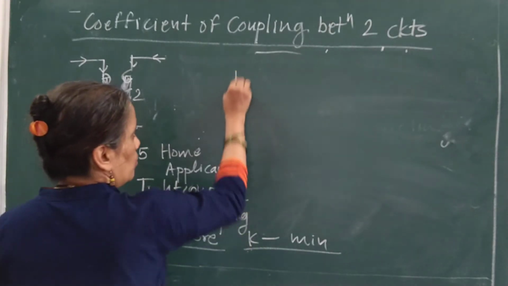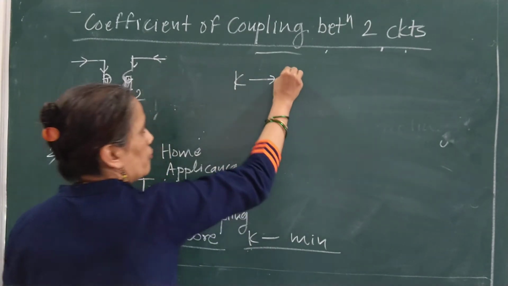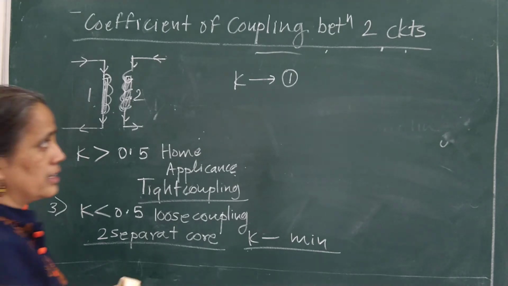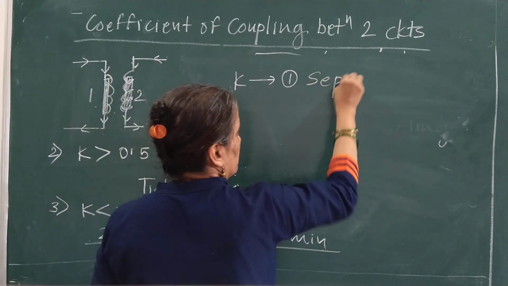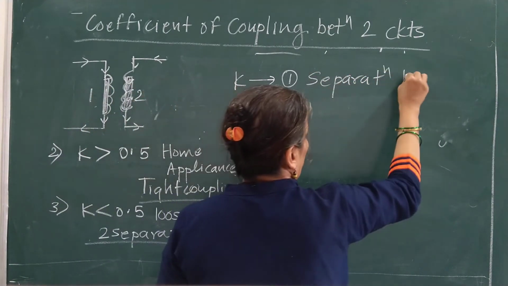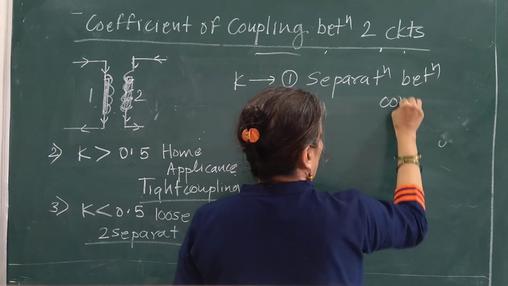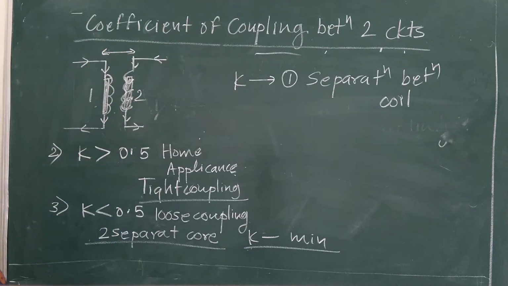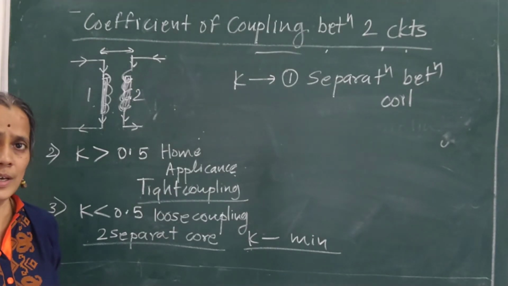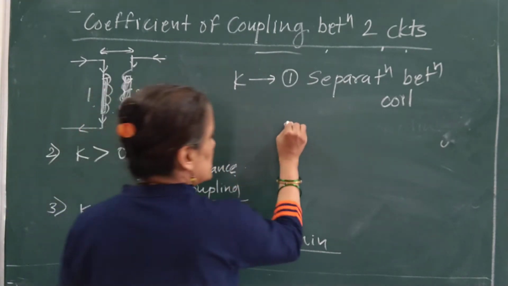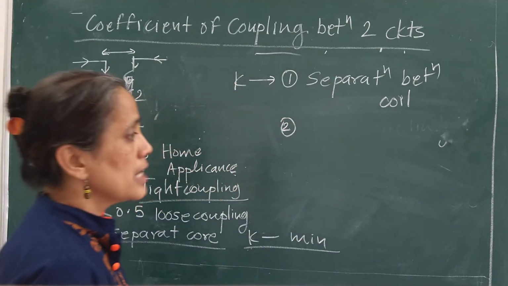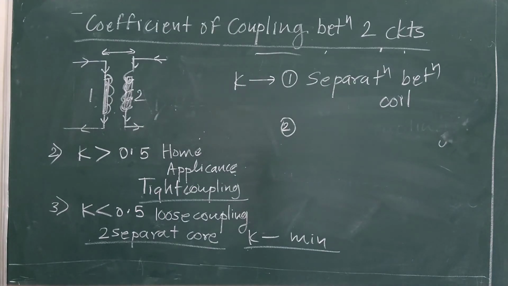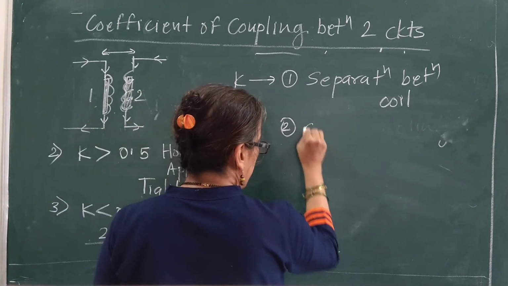But this K value is also dependent on two more factors. Which two? First, the separation between the coils. Separation distance means this distance. Clear? And second, this K value is dependent on one more factor, that is the coil inclination angle.